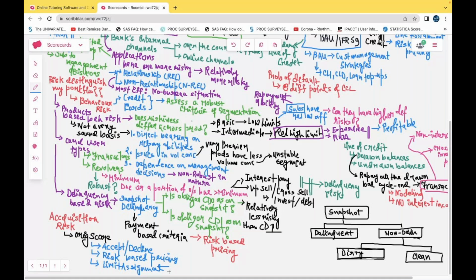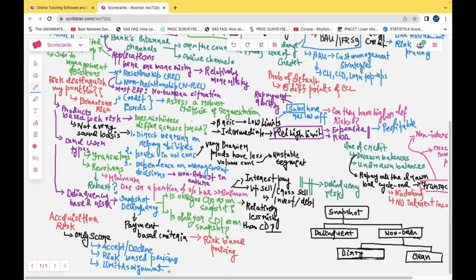Now, with the origination score and these strategies, how do I know that the strategies the bank is taking up are effective, or that the accept decline exercise the bank is doing is being done better with the origination score than without it? When a new model is being developed, there has to be a business impact defined for that model.